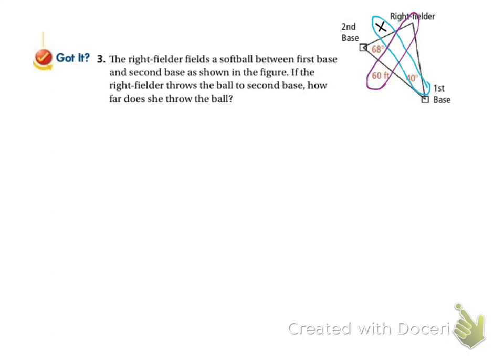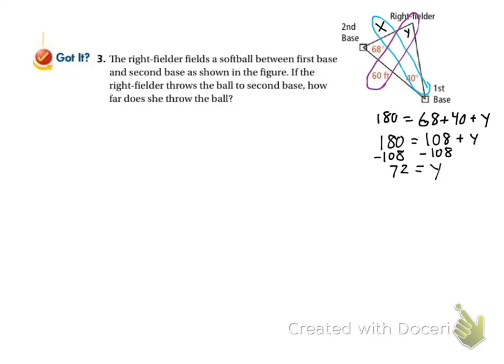We know that triangles add up to 180. So 68 plus 40 plus, let's call it Y, equals 180. I'll stick that on the other side. So 180 is equal to 108 plus Y. When I subtract 108, I get that Y is equal to 72.